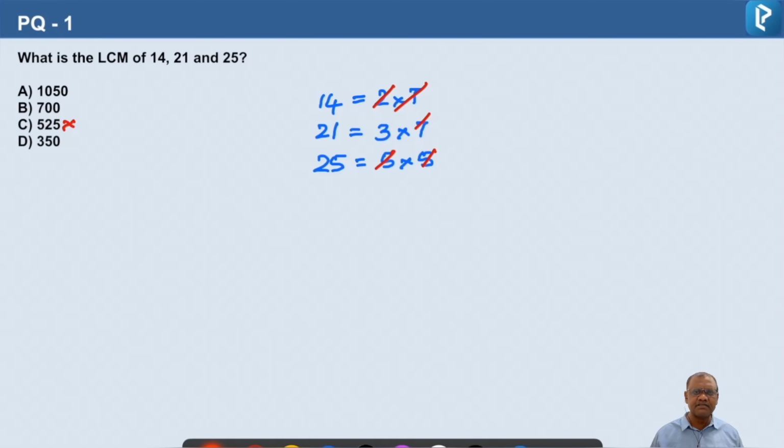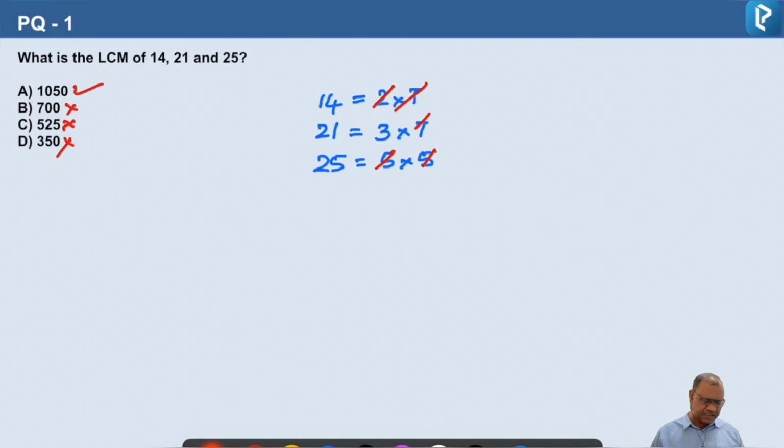Now, let us check with 3. So, out of these 3 numbers, option D not divisible by 3, option B not divisible by 3, option A is divisible by 3 because sum of the digits is 6. So, 6 is divisible by 3.